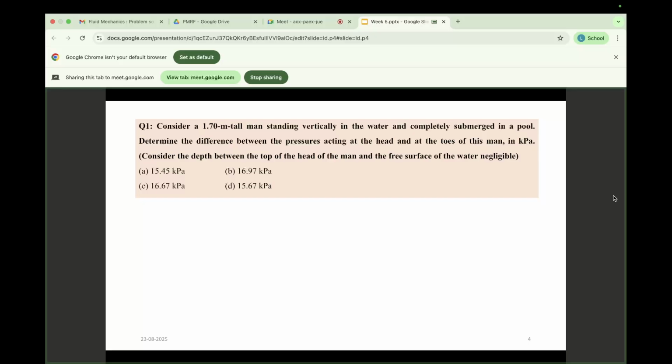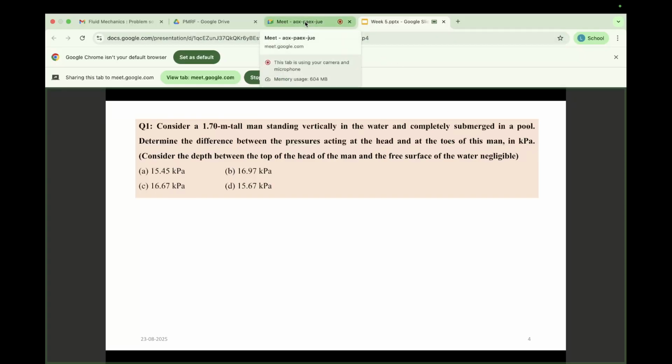You are asked to find the pressure difference between the head and the toe of this man. It's basically the simple concept of pressure. Pressure difference between 2 points, you know this thing. That means the hydrostatic pressure. So this is based on this concept.